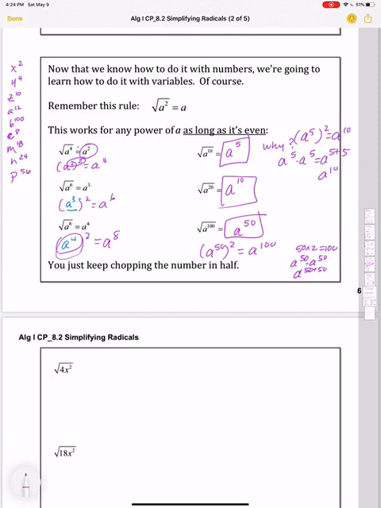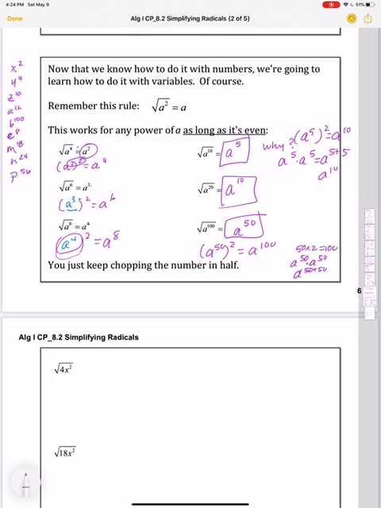So let's look at this next example. The square root of 4x squared. Sorry, I'm taking my lunch out of the oven. So 4 is a perfect square. The square root of 4 is 2, and x squared is also a perfect square.